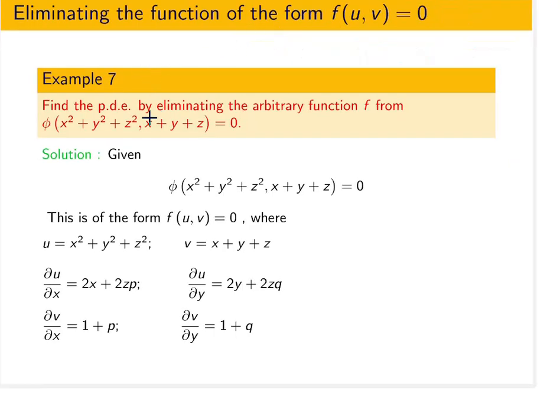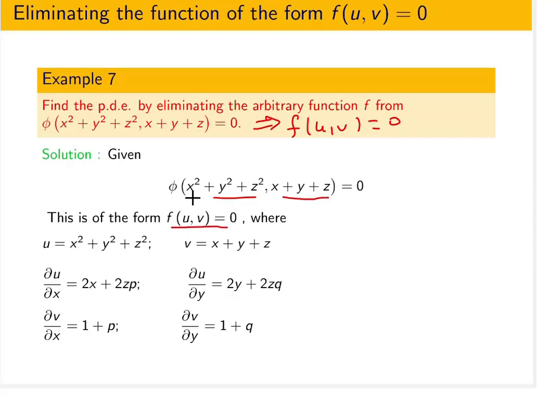Find the partial differential equation by eliminating the arbitrary function f from phi of x square plus y square plus z square comma x plus y plus z equal to 0. Therefore, this is of the form f of u comma v equal to 0.